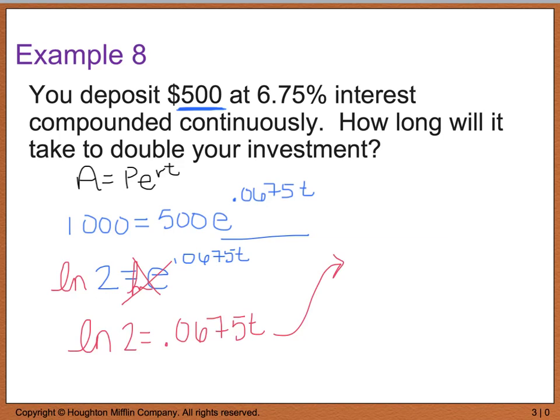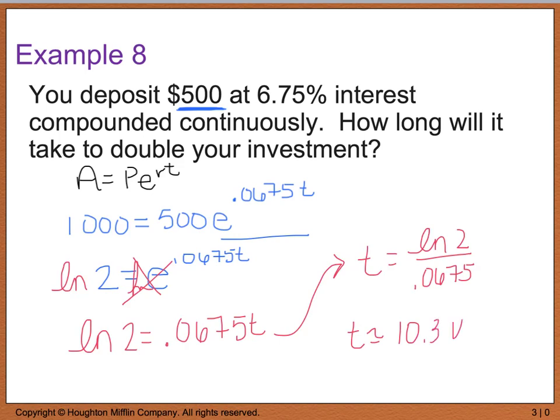And then if I solve for t, t is going to equal the natural log of 2 divided by 0.0675. And if you type that in, t is going to be approximately equal to 10.3 years. So a little over 10 years, I'm going to be able to double my investment of $500 if I'm compounding my interest continuously.